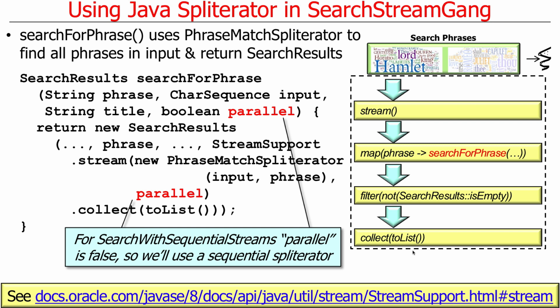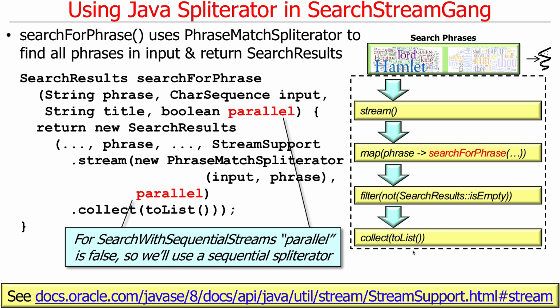So we want to create a stream of all the places in the input string where the phrase occurred. The way to do that is to use a spliterator to search the input string to find matching phrases, and then create a stream of all the places where the matches occur. So that's the way to do this.